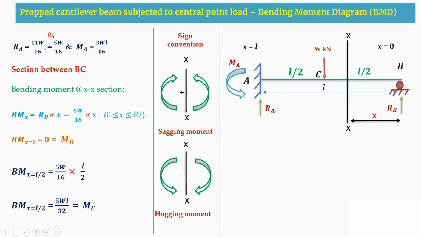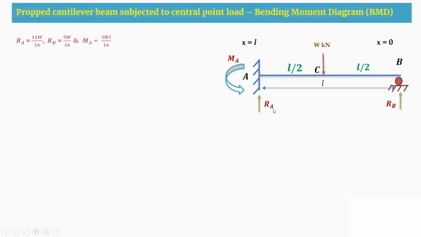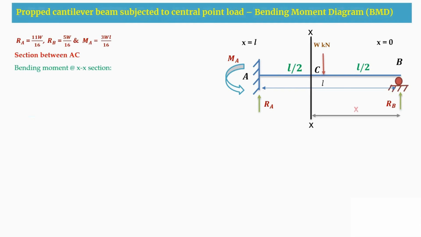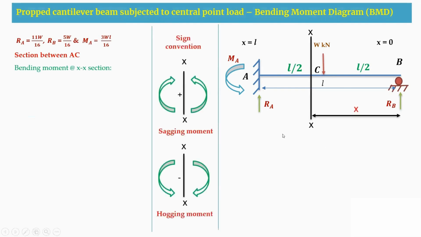Now in the same way, when we have the section in the AC segment, with the same sign convention, we write RB into X, again a positive value, since the arrow is heading upward. And at the C portion, the load is acting in the downward direction and the arrow is heading downwards, so we consider the load into the distance.